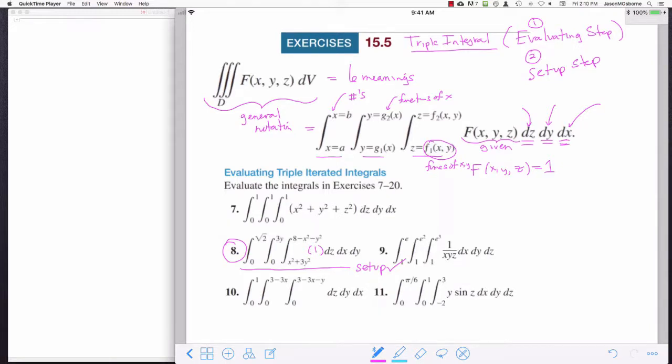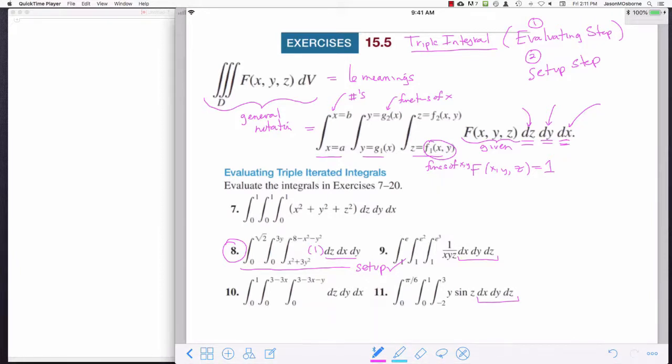Now this is one of the interpretations. Another is dz, dx, dy. Or, as you can see on number 9, you can set this up as dx, dy, dz, and so on. So there are 6 different meanings for the integrals. dz, dy, dx is only one of the orderings.